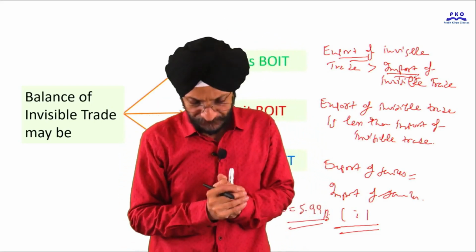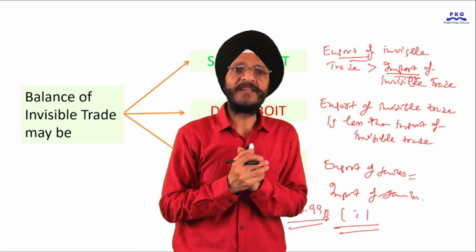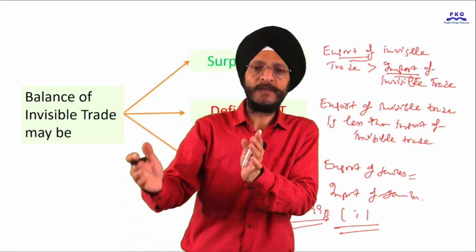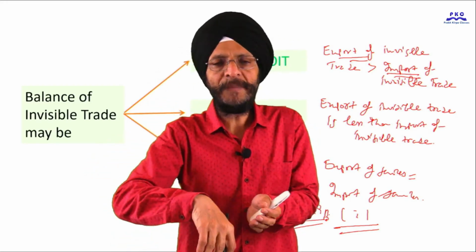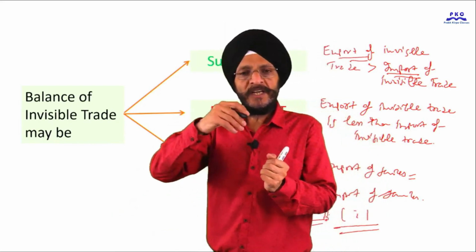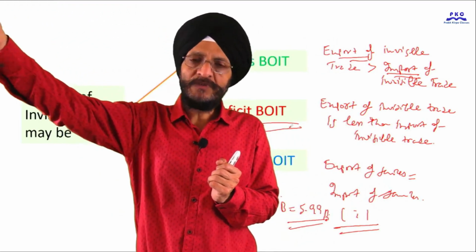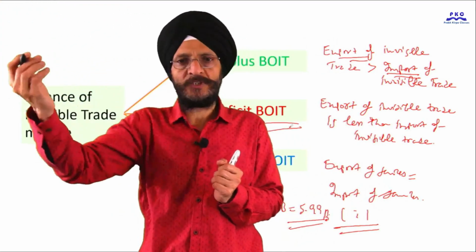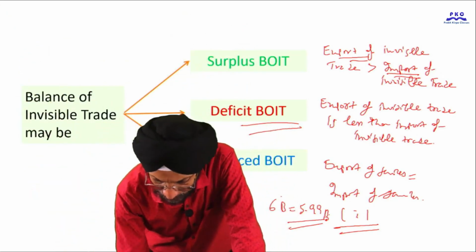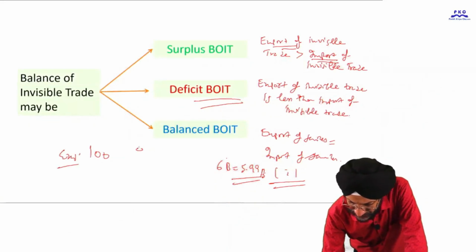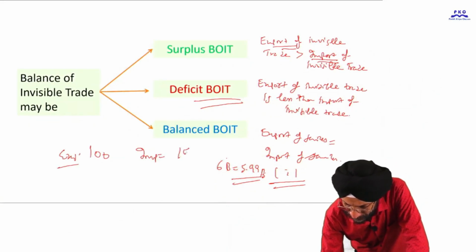On the other hand, if a country is having deficit balance of invisible trade, that is, imports are more in comparison to exports, so it will have to pay foreign exchange to the rest of the world for the imports. It means that suppose exports are 100, whereas imports are to the tune of 150.